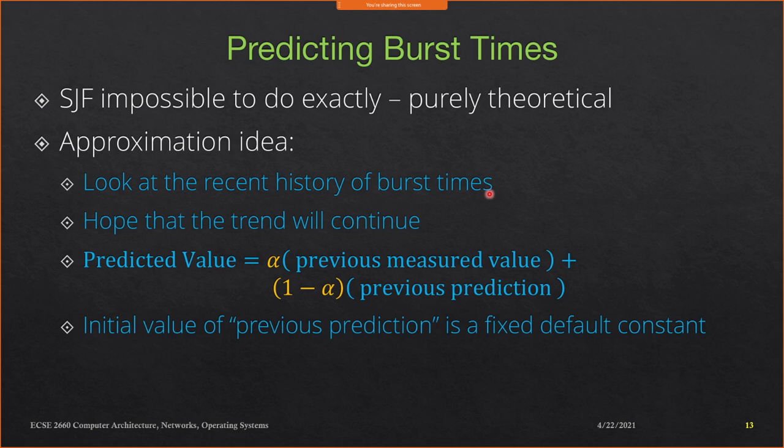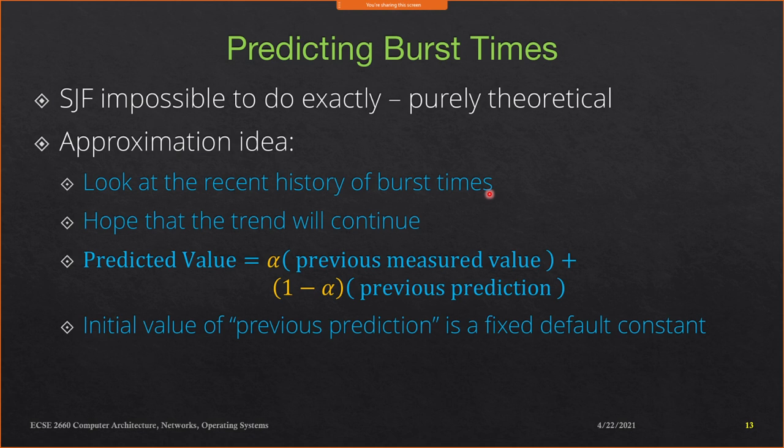So if a particular process is taking maybe 20 milliseconds and 24 milliseconds and 22 milliseconds, if these are usually the burst times for that process, then by looking at the recent history we may be able to predict that, okay, maybe it'll take 23 milliseconds next, right? But we are definitely not going to predict that it's going to take 5 milliseconds next.